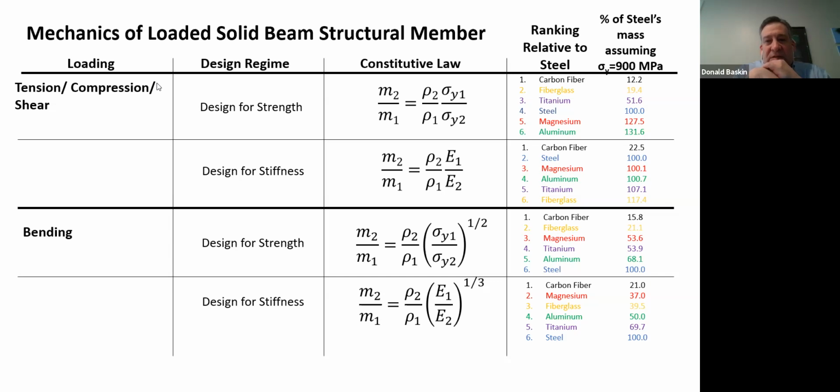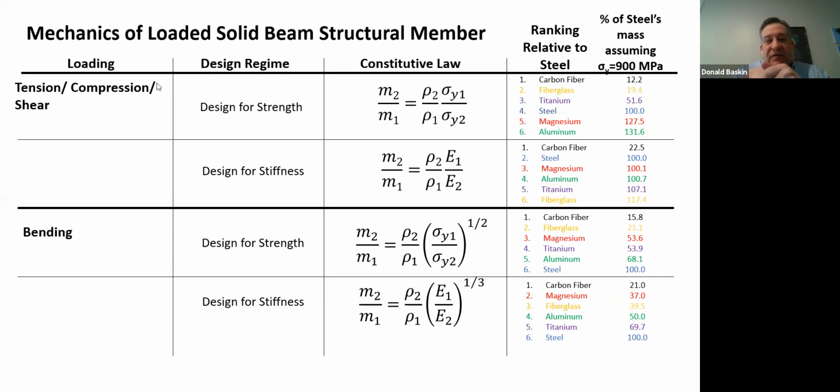What's perhaps especially interesting here to me is that a lot of people talk about steel as an old-fashioned, not a good material to build racing bicycles out of, or racing cars or airplanes or whatever.